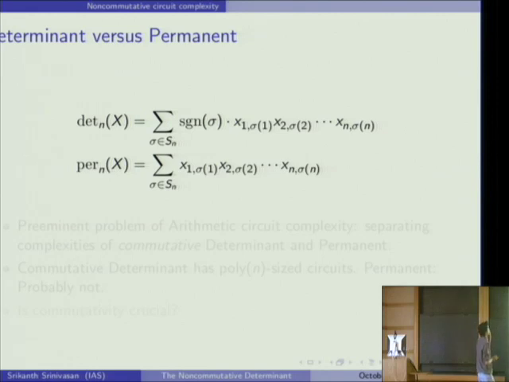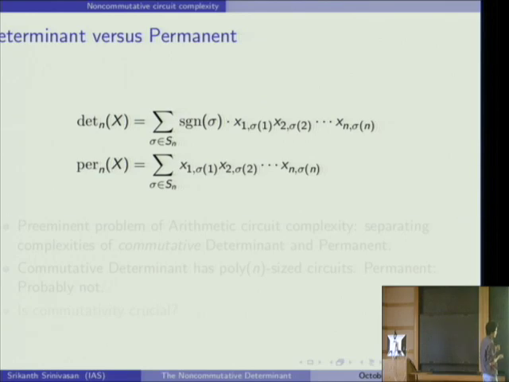So let me look at a closely related question. Another question that people fairly often look at in the commutative setting is how different these two polynomials are with respect to their circuit complexity. One of them is the determinant that we have already looked at, and the other is the permanent, which I defined on the board.